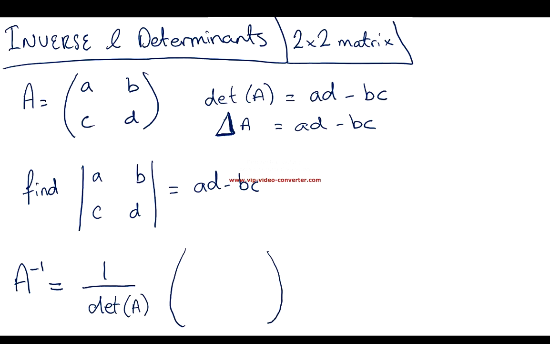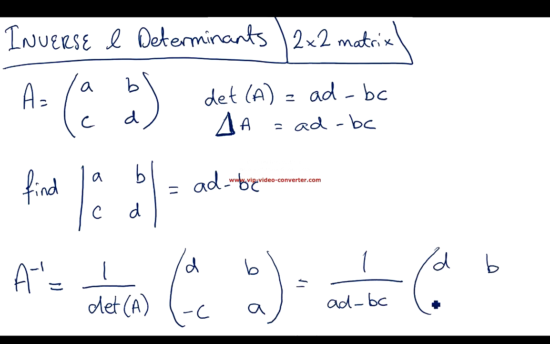We swap the elements of the main diagonal, and then we change the sign of the other diagonal. Ultimately that equals 1 over AD minus BC, times the matrix D, negative B, negative C and A. So that's it all in general terms.